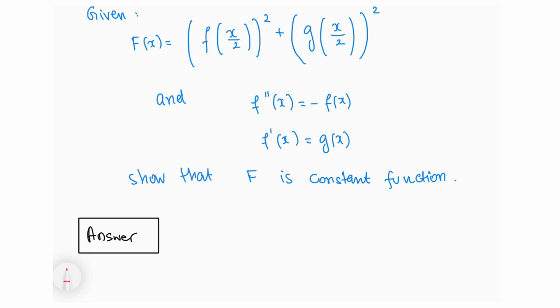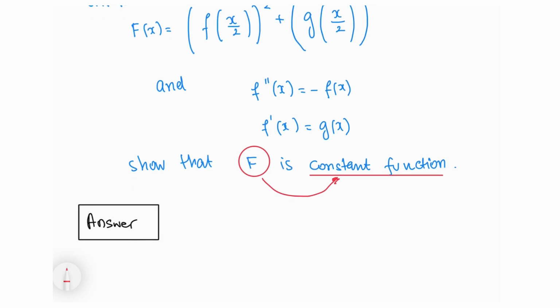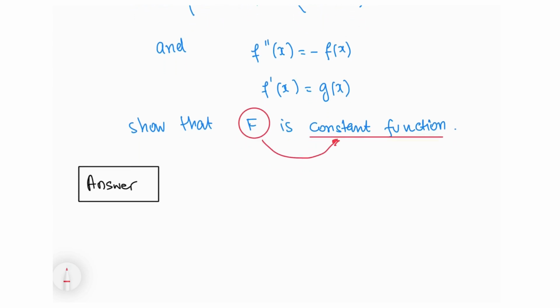Given the capital F as defined and conditions that the second derivative of small f is minus small f of x, and small f prime is equal to g, we have to show that the capital F is a constant function. If you want to try to solve this problem, you can pause the video, and we'll now give the stepwise solution.